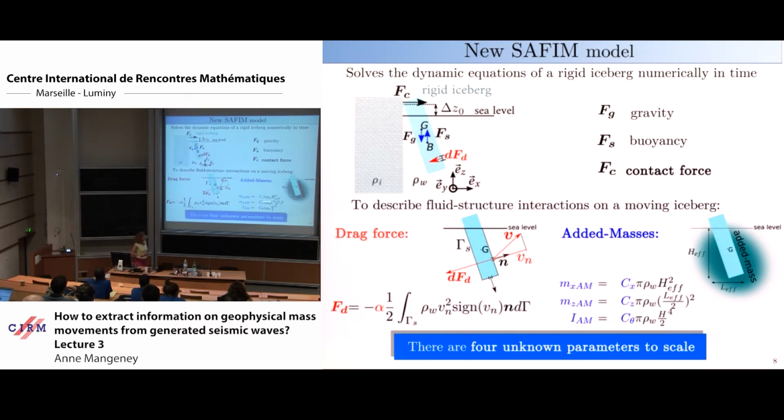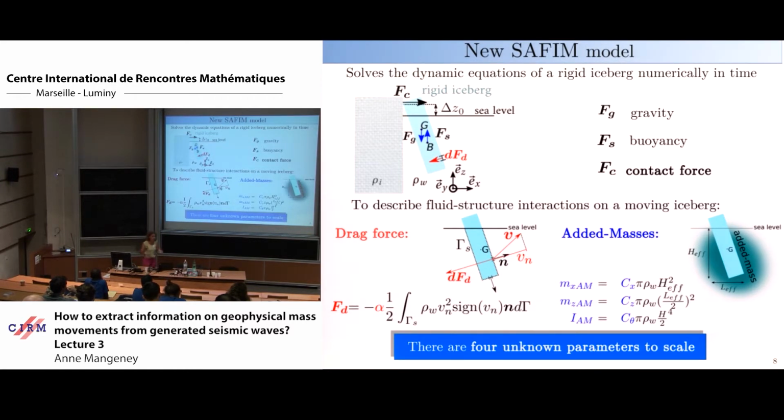And another very important effect is called the added mass effect. It's related to the fact that when you move a solid in a fluid, you accelerate the fluid around it, and it works as if you add mass to your solid. It is something that is very tricky. Normally added mass effects are a tensor, not just a coefficient, but we try to stay simple, because if we are not simple enough, it's better to use the full model, and we want to do a lot of simulations.